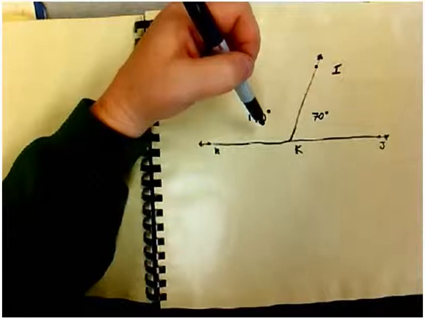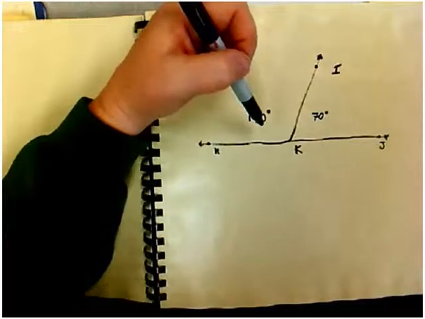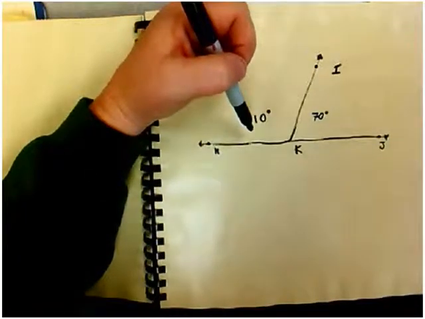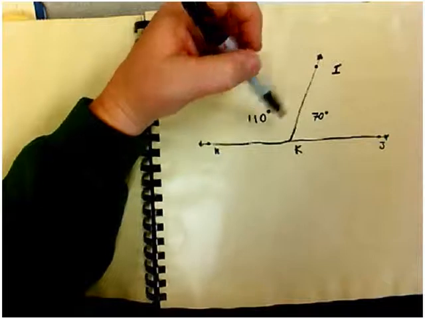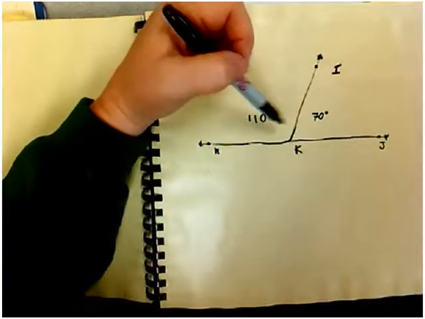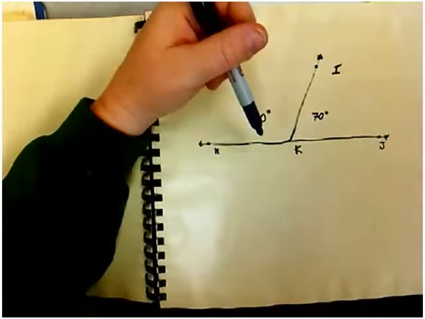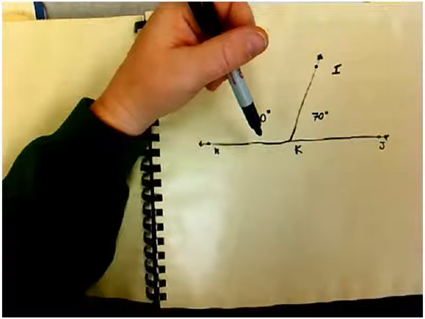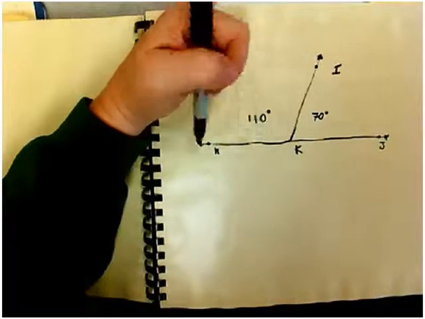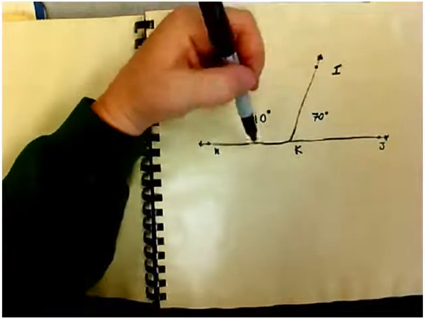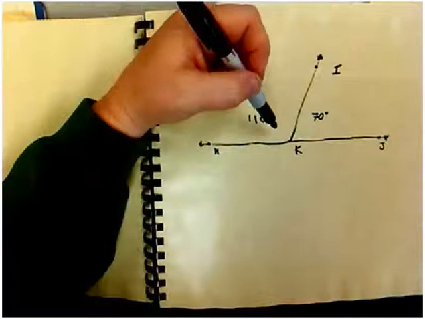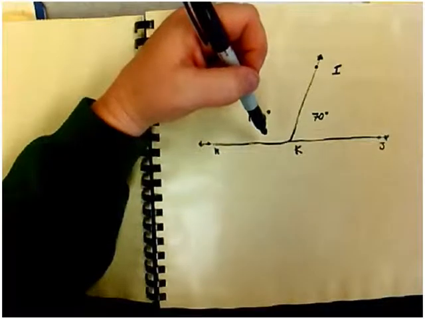What they're also, it doesn't have to be this way, but this is very interesting to note for a future lesson. This set of angles, what are they also called? Angle HKI and IKJ, what else are they called? They're supplementary, but what are they also?